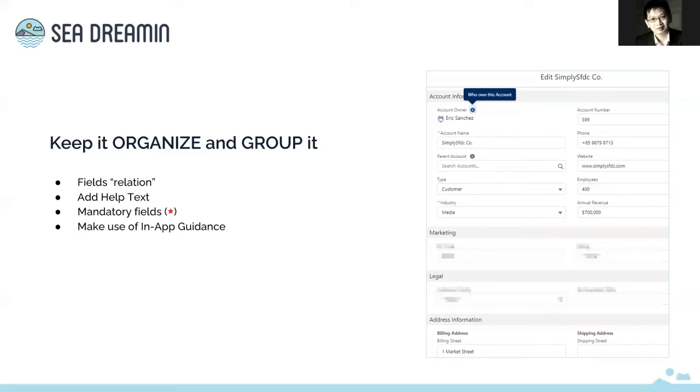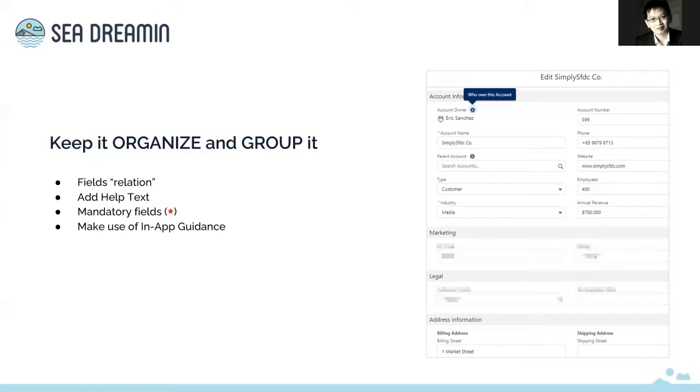And if you're aware, recently Salesforce pushed more and more features in the in-app guidance. So when you have new features, a new process, new fields, you can show them to users based on their profile, based on the record type, and you can even put the prompt targeted to a component, right?